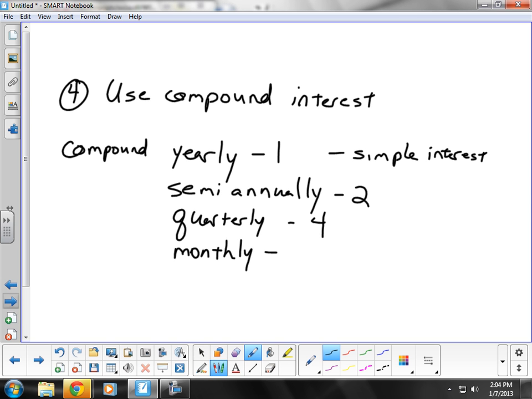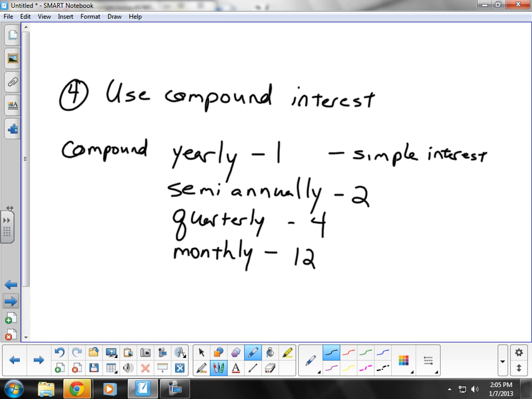So how many times would they figure the interest? 12 times. Okay? Good deal. Now, I will tell you that there's more money generated for you if it's a savings account and for them if it's a loan, the more times they figure the interest, because they're figuring the interest on interest that's already been figured.